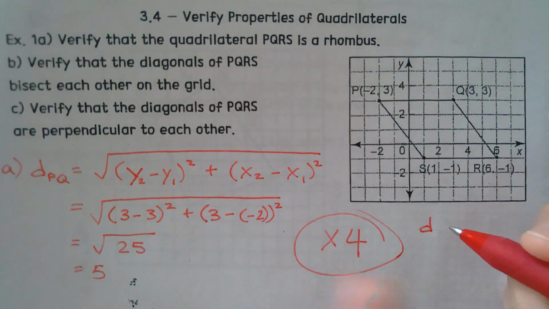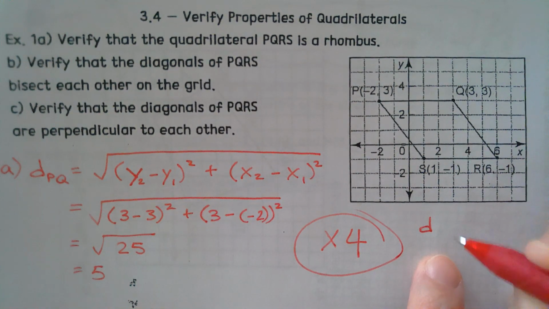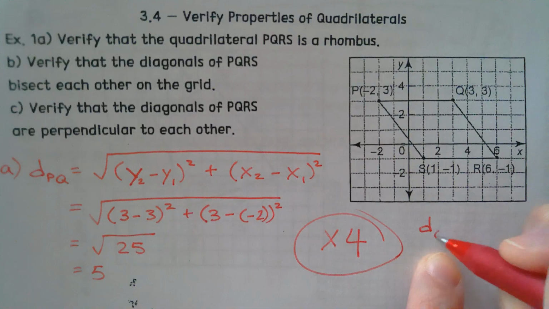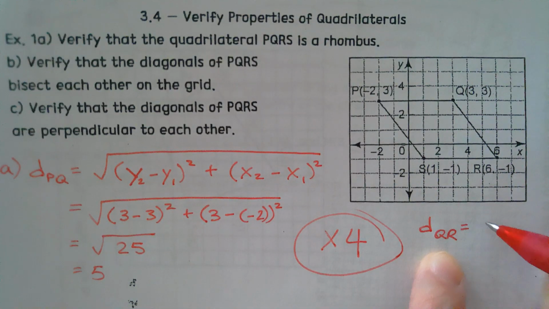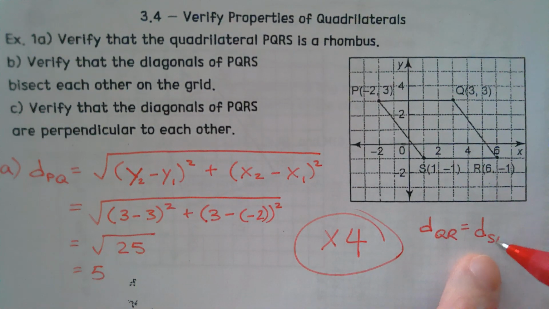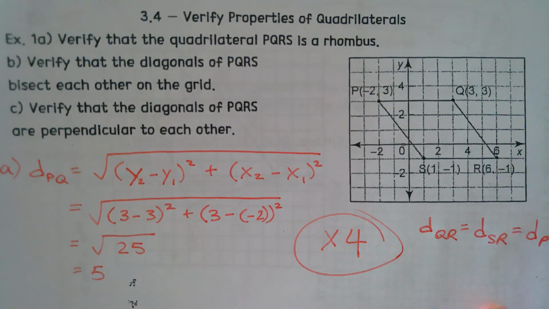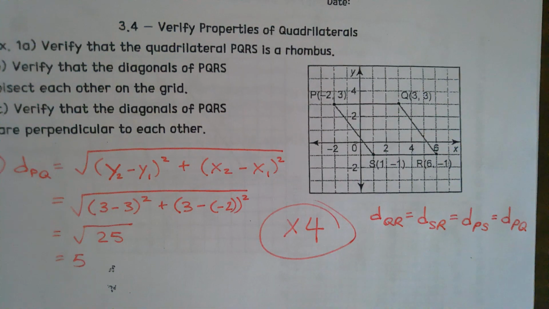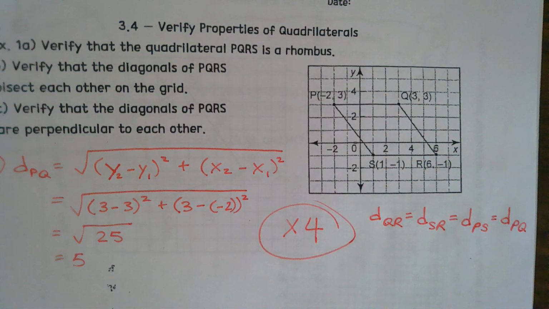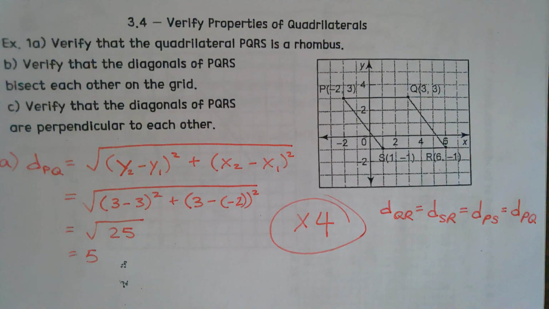So I'm just trying to figure out the distance between Q and R, the distance between S and R, and the distance between P and S. And I just found out the distance between P and Q. So if all 4 sides are equal, it's satisfied that it's a rhombus.